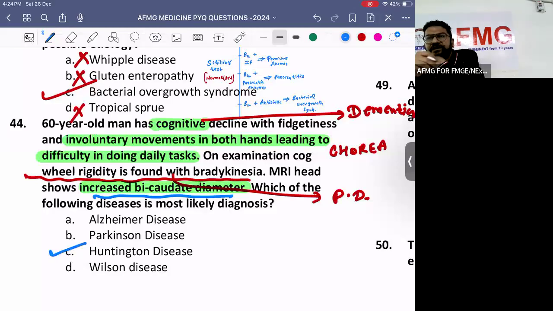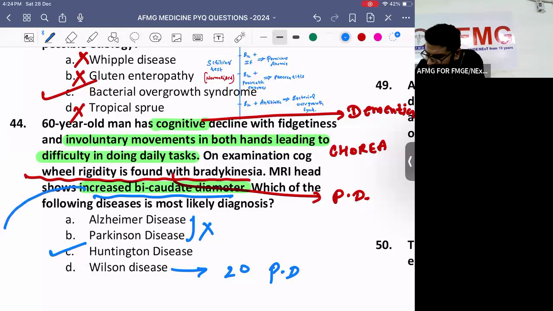So what happens in Huntington? Chorea. Is it clear? Wilson disease can have secondary Parkinsonism, while Parkinson and Alzheimer will have separate features. Alzheimer will have dementia, Parkinson will have only tremors. So what is the biggest hint in the question? Mixed features and MRI having increased bicaudate diameter. This is a classical change which we see in a patient of Huntington disease.